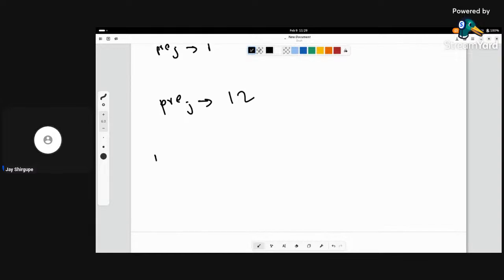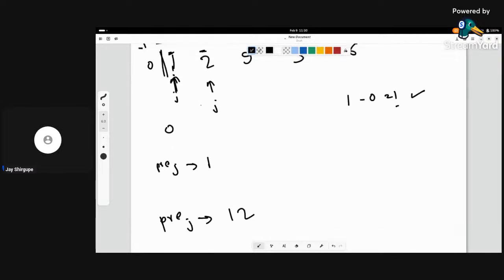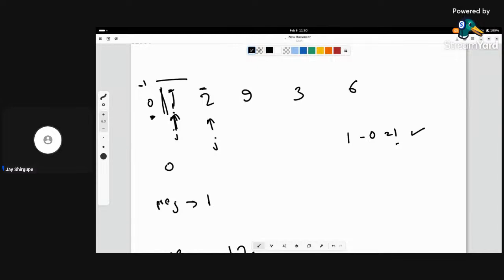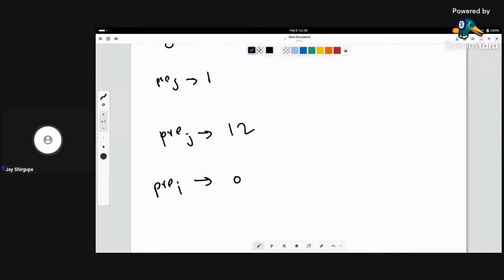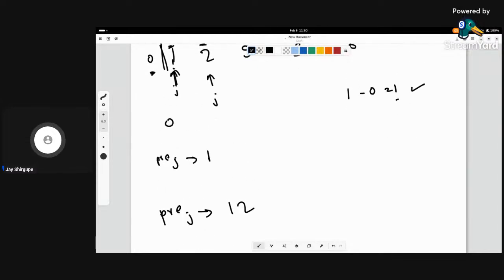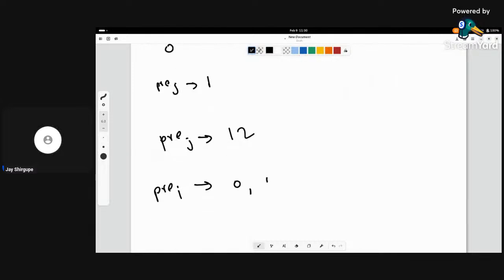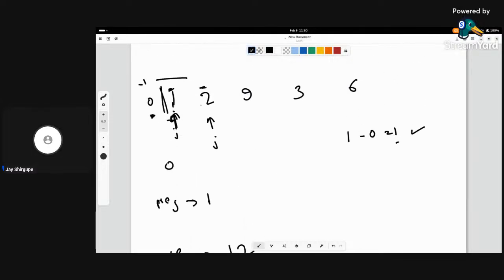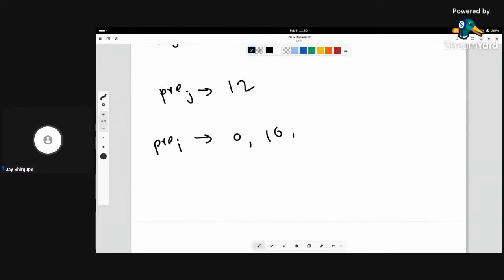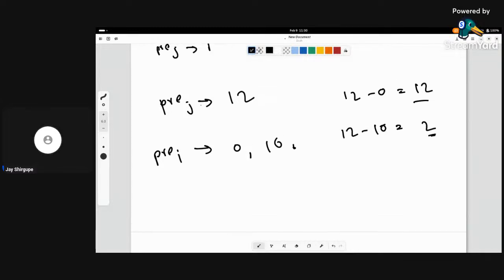In that case, your prefix of i is either just 0, or you remove this 1, that is 1 0. 2 0 is not possible because we want a non-empty substring. So you can have 1 2 minus 0, that is the complete string 1 2, or 1 2 minus 1 0, that is 2, just the last digit.